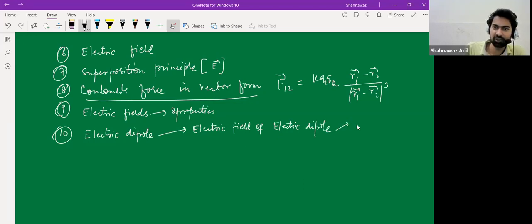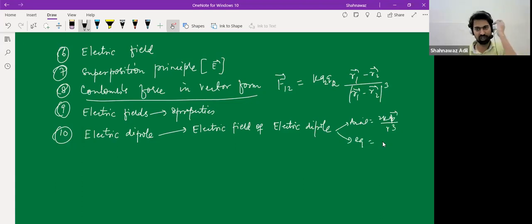So axial was 2kp by r cube. Equatorial was how much, Aisha? Minus kp by r cube. Right, good. So you have revised well.